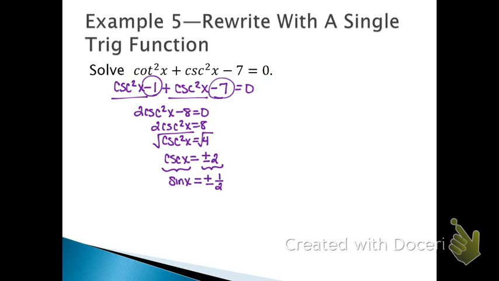So I can use the reciprocal, though. Remember, as long as what you do to one side of the equation, you do to the other side, it's okay. So because I took the left side and I took its reciprocal, I also went ahead and took the reciprocal of the right side. Now, on my unit circle, what is sine? Is it x or y? Y. So I'm looking for where my y's are a positive 1/2 or a negative 1/2.